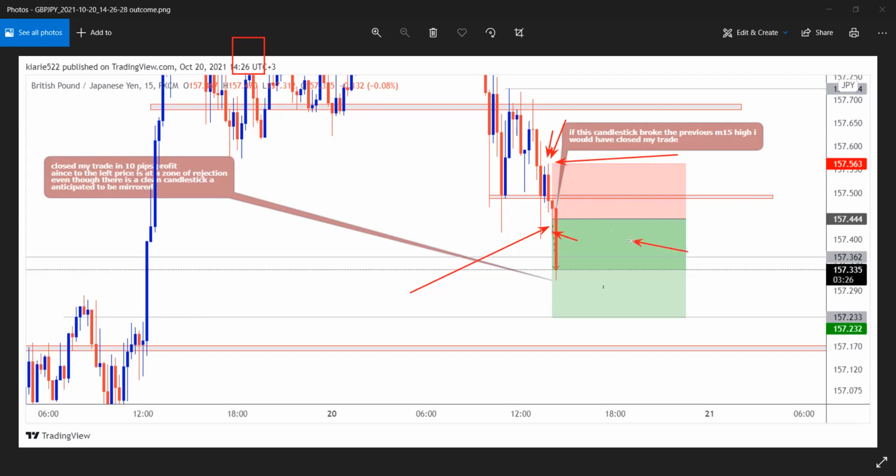This candlestick closed with a lower low, and this one closed with a lower high and a lower low. So I anticipated price to be in a bearish trend, forming lower highs and lower lows. I had a condition for this trade: this high should not be broken, and price did not break it. It continued and I closed in 10 pips profit.